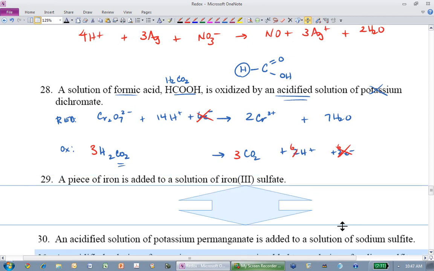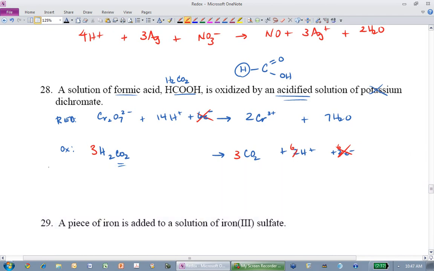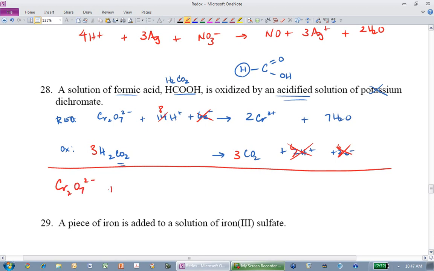Give myself a little more writing room. Not enough writing room. There, second time. All right, so now I can cross off 6 H pluses, leaving 8. And I end up with a grand finale of Cr2O7 2 minus plus 3H2CO2, or you can write 3HCOOH, your choice, plus 8 H pluses yields 2 Cr3 plus 3CO2 plus 7 H2O.